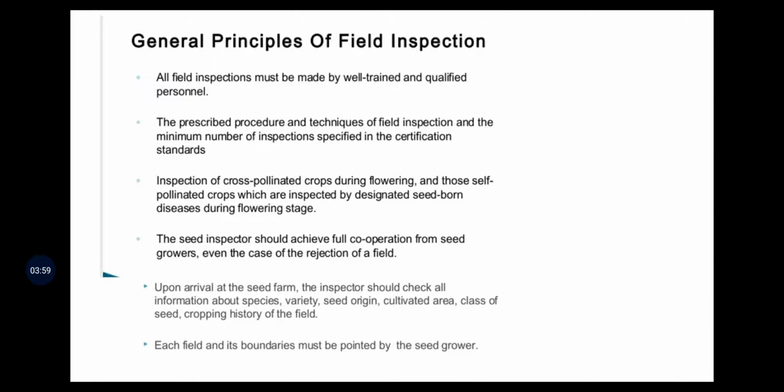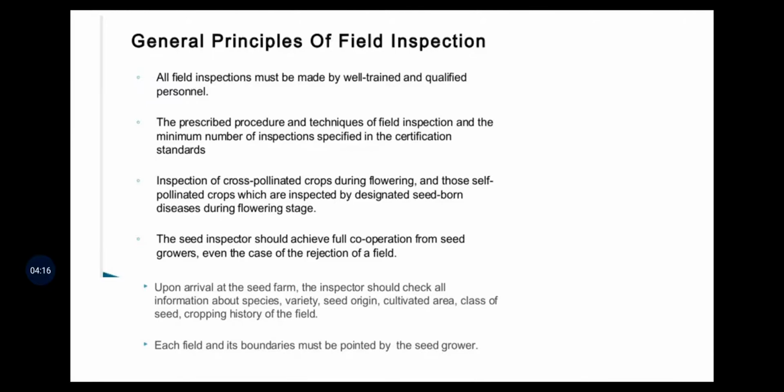Upon arrival at the seed farm, the inspector should check all information about species, varieties, seed source, cultivation area, class of seed, and cropping history of the field. Each field and its boundaries must be pointed out by the seed growers.